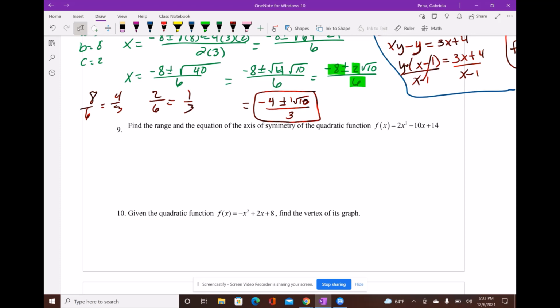Number 9, find the range and the equation of the axis of symmetry. The formula for the axis of symmetry is x equals negative b over 2a.